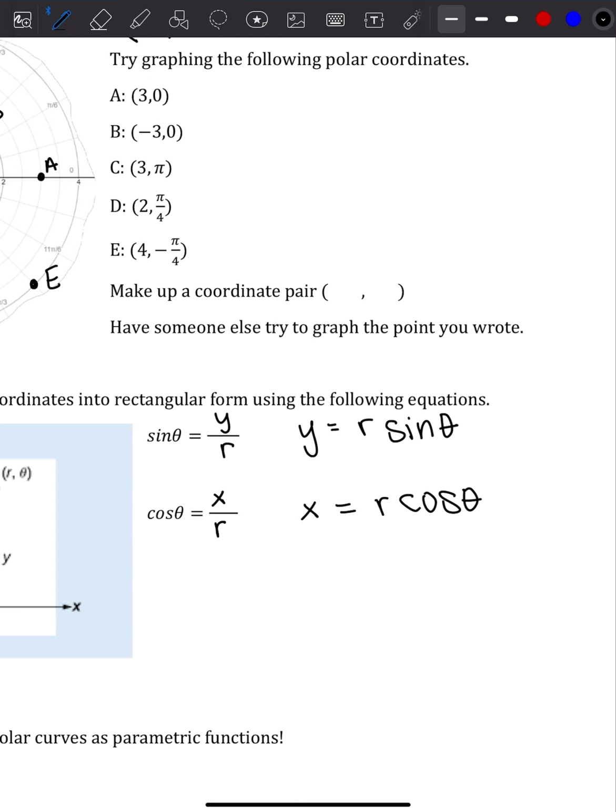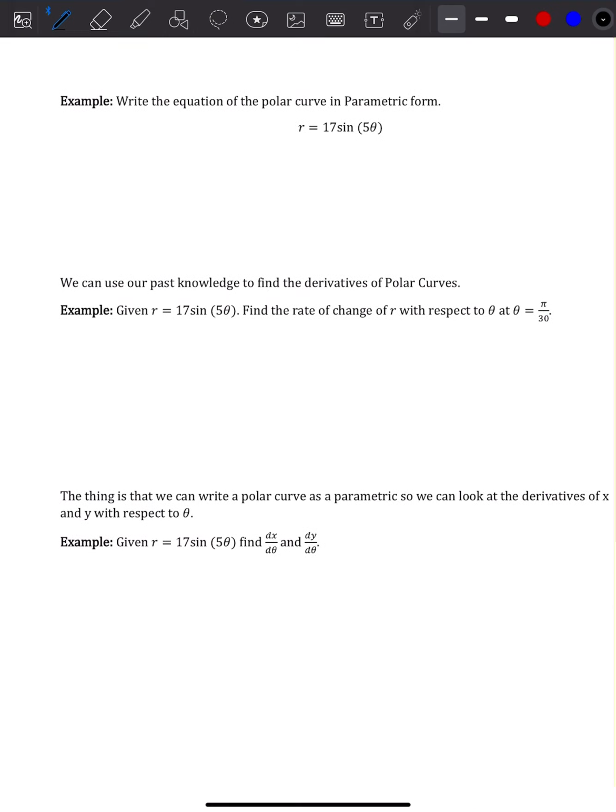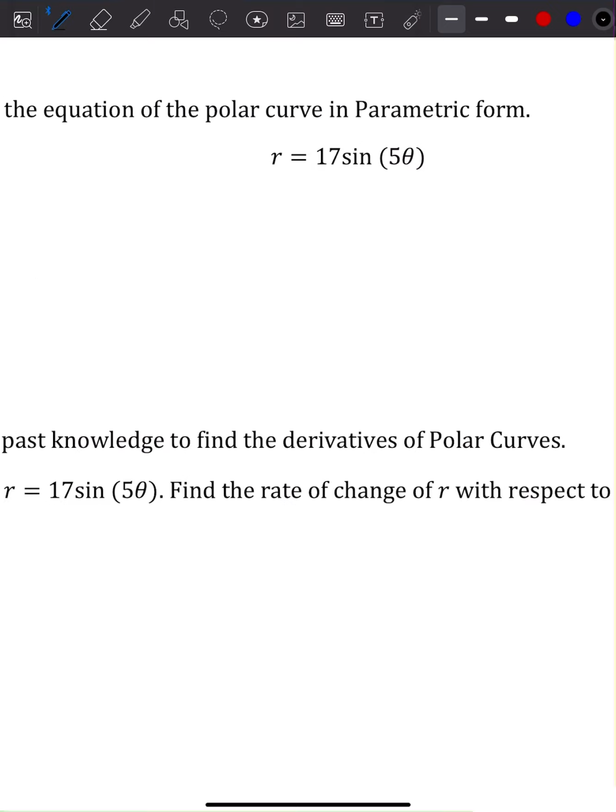So we can go back and forth, but what that means is that we can take a polar curve and write it as a parametric function. The first thing that we're going to do is rewrite this polar into parametric form. The thing about a polar curve is that when I look at this, our radius is equal to 17 sine of 5 theta.